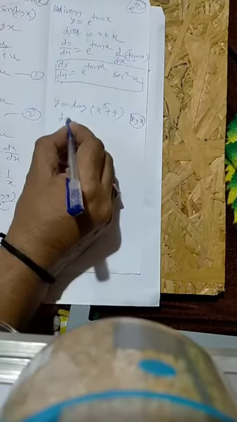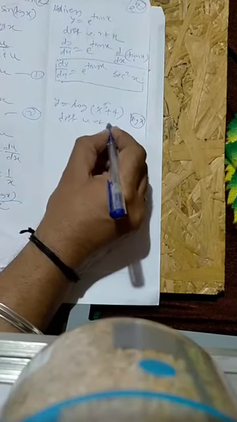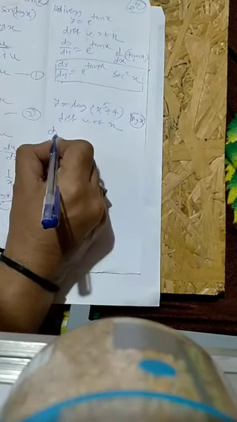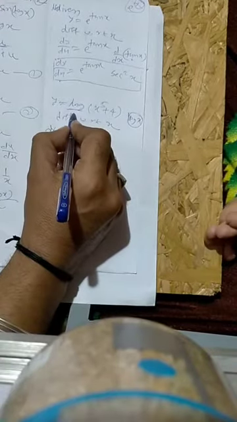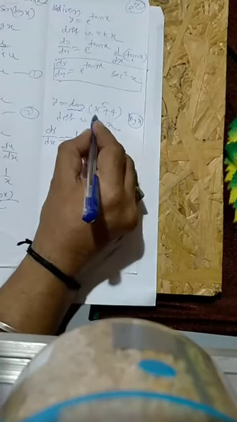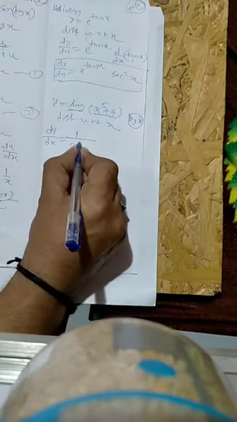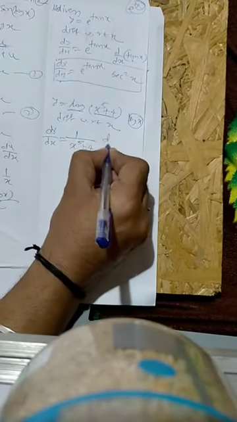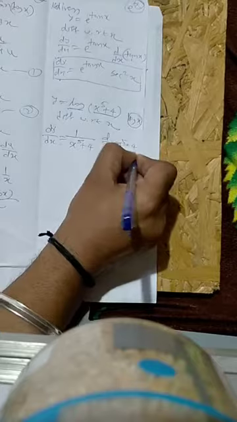Differentiate with respect to x, it means dy by dx is equal to, now the derivative of log of x is 1 divided by x, where x here is x to the power 5 plus 4, into the derivative of the quantity instead of x, meaning x to the power 5 plus 4.